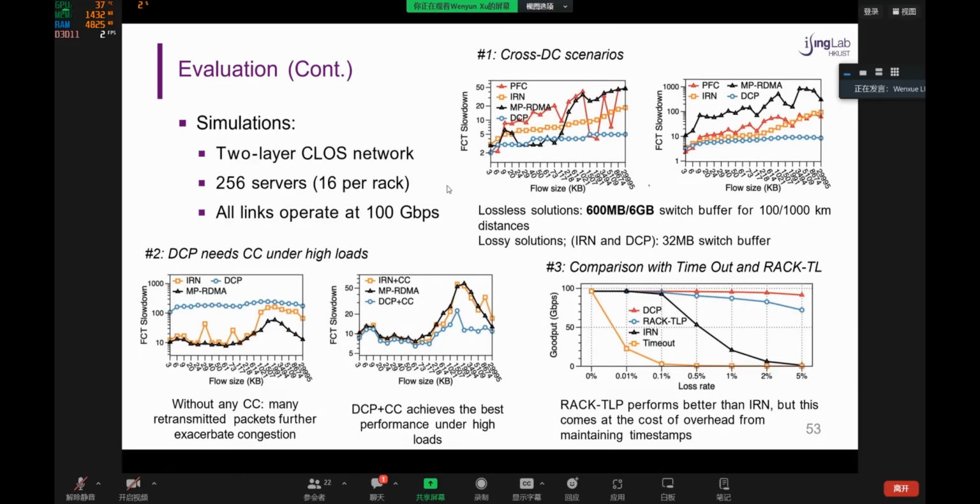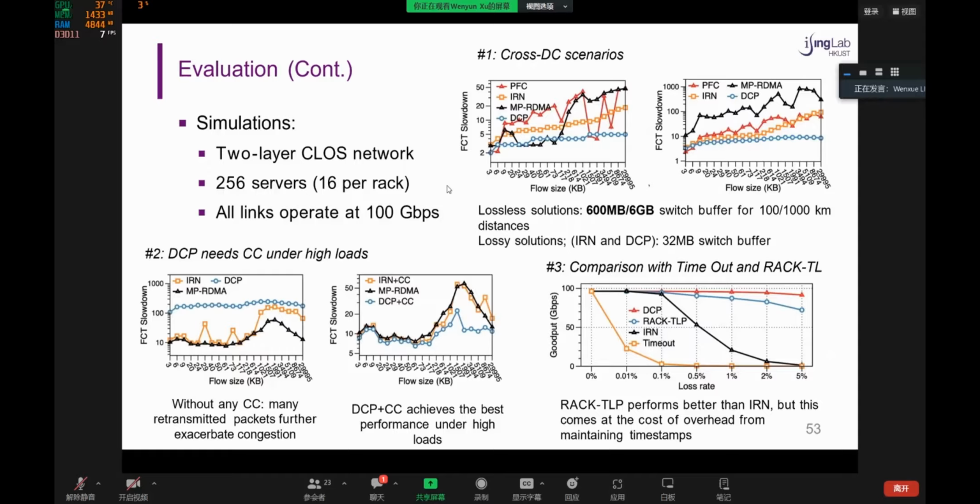It continually transmits packets, very stable. But sometimes if a pause is generated, PFC performance degrades significantly. So I think PFC performance is unstable, because sometimes some flows don't experience PFC pauses, but sometimes some flows do. That's the reason this PFC line is very unstable.